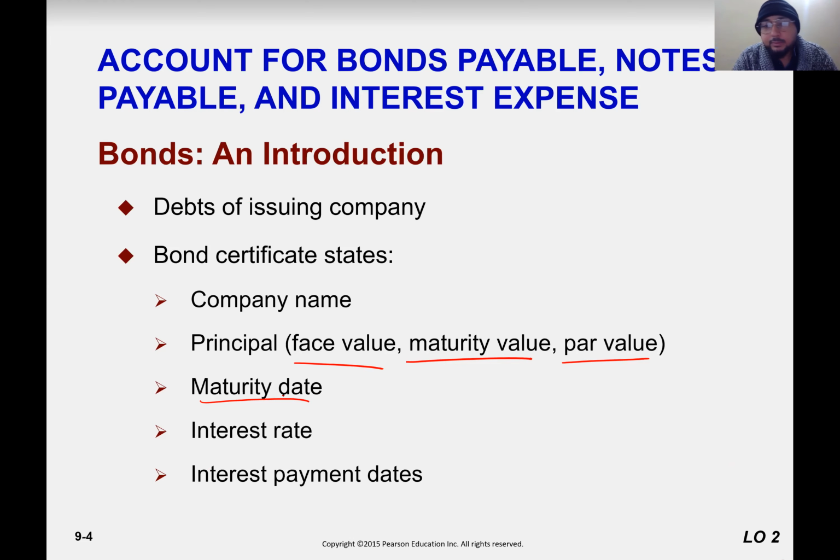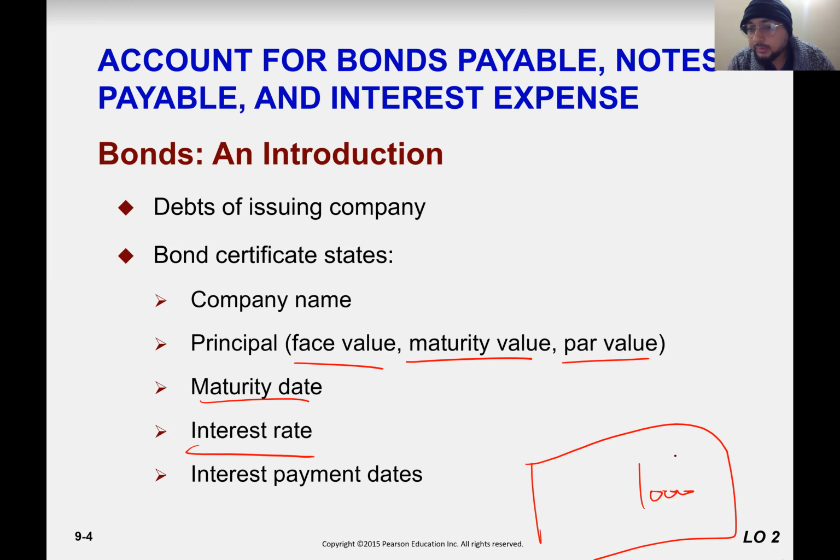Maturity date is going to be given or written on that certificate. Interest rate is going to be given as well. For example, this bond says, okay, one bond is equal to $1,000 and it's going to give you 9% interest.